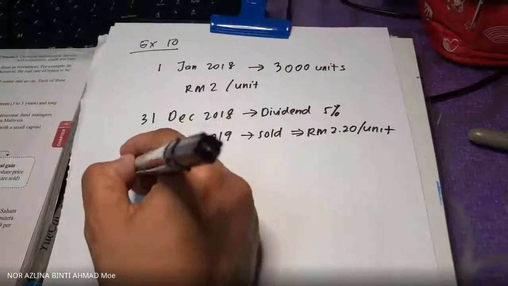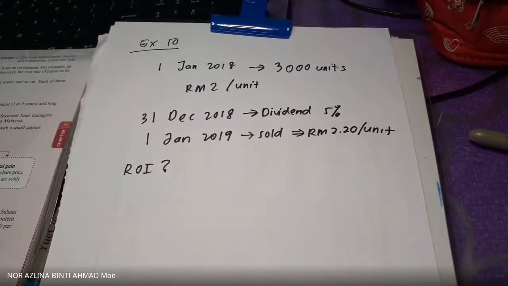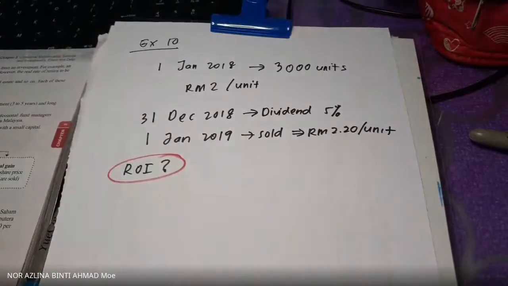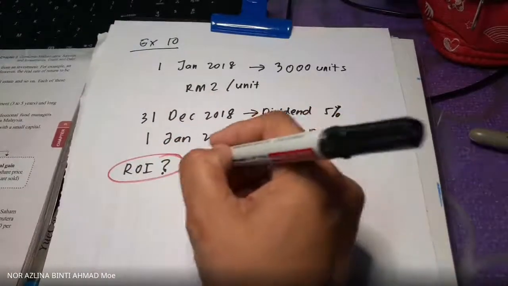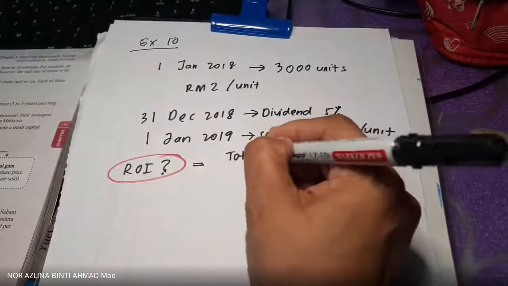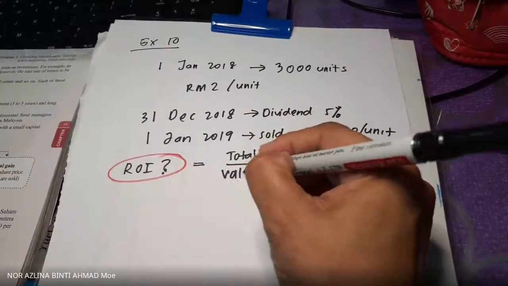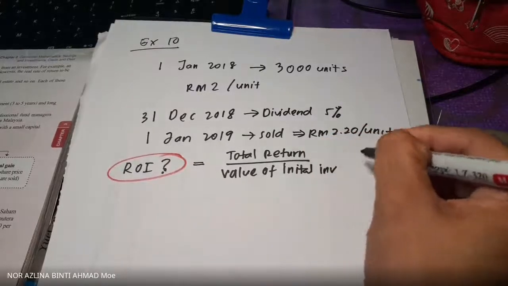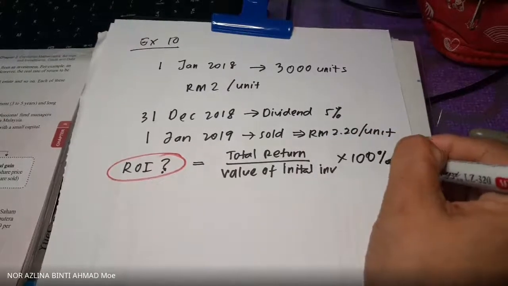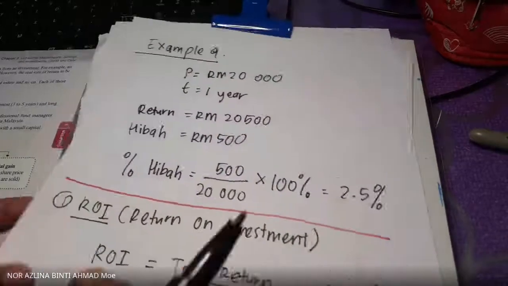Okay, what is ROI? ROI, we know the formula is total return, so berapa keuntungan dia dapat per dengan value of initial investment, multiply 100%. Itu formula ROI.